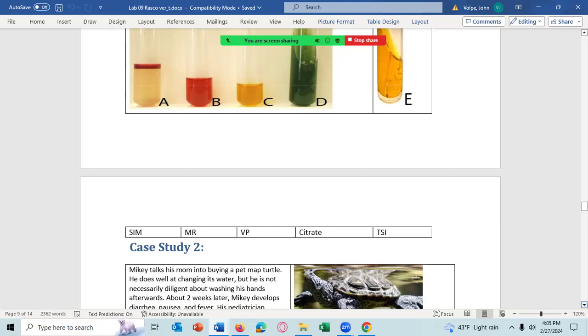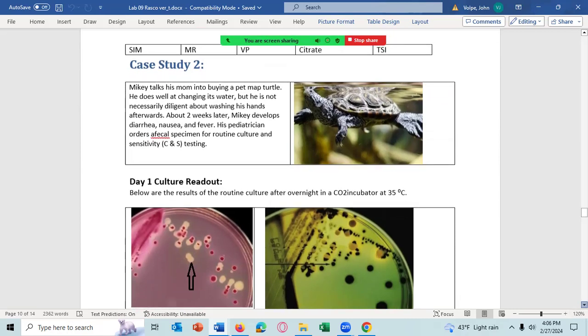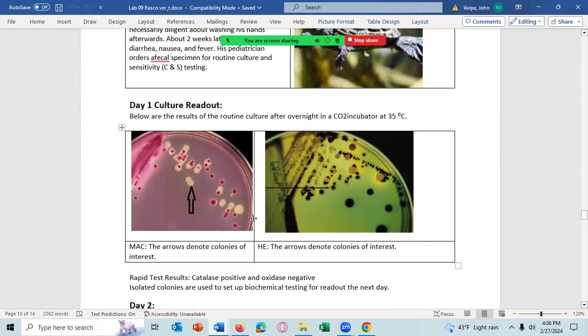Case study 2 is here. I like this one because Mikey talks his mom into buying a pet turtle. He does well at changing the water, but he's not very diligent about washing his hands after touching the turtle. 2 weeks later, Mikey develops sickness, and they do some tests on Mikey. We grow up the bacteria on McConkey's agar, so it obviously can grow on McConkey's.